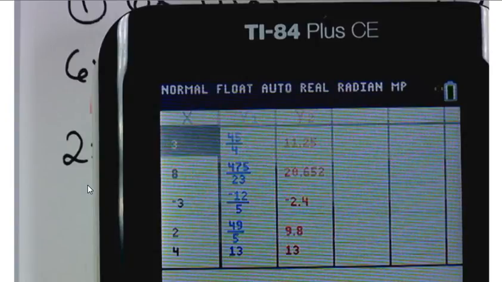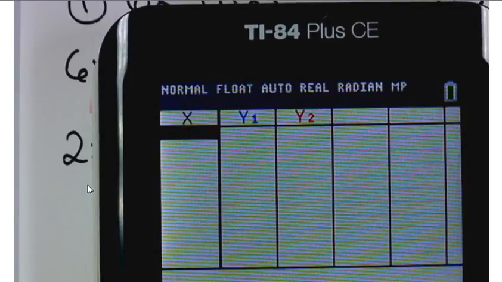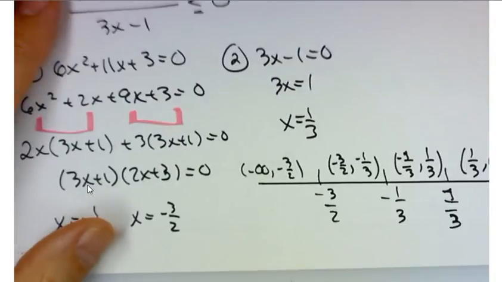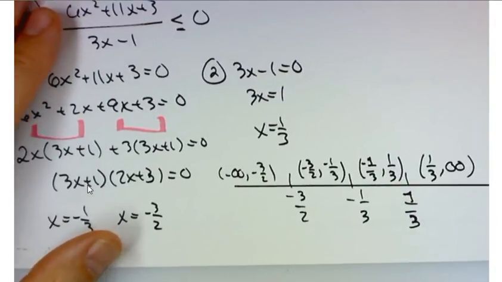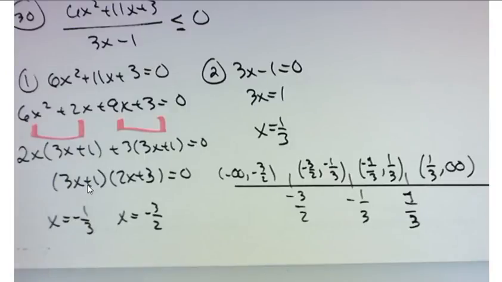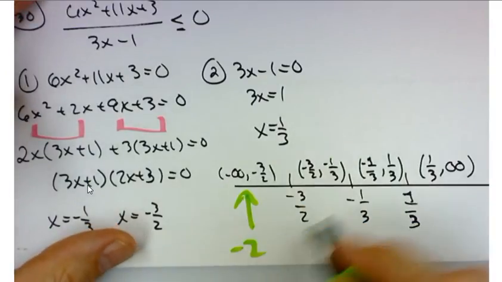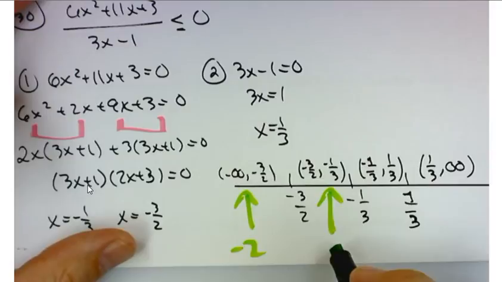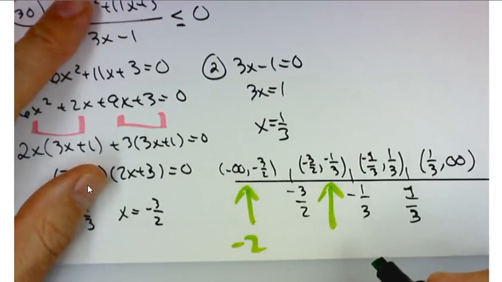Let me delete these values so I can start over. I need some test points here. What would some test points be? All right, minus 2. How about here?